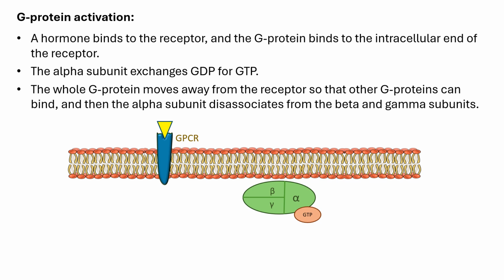The whole G protein then moves away from the receptor. This is so that other G proteins can bind. Then the alpha subunit moves away from the beta and gamma subunits. And you notice it's taking the GTP with it.